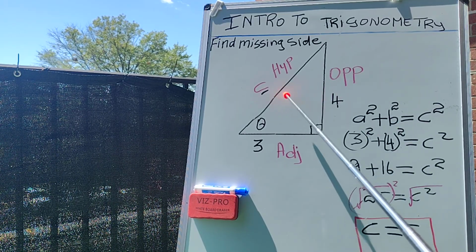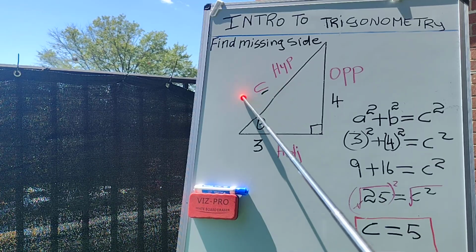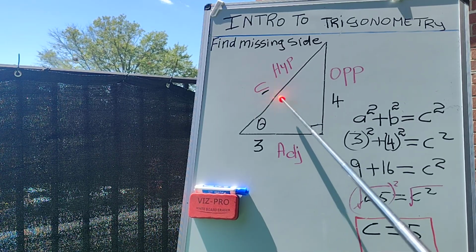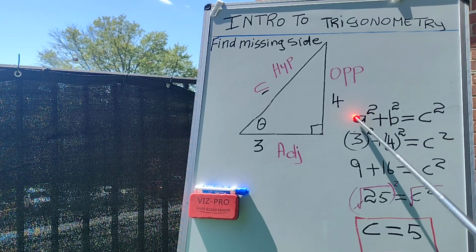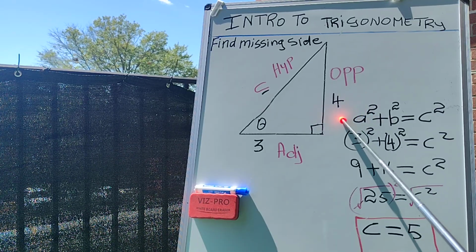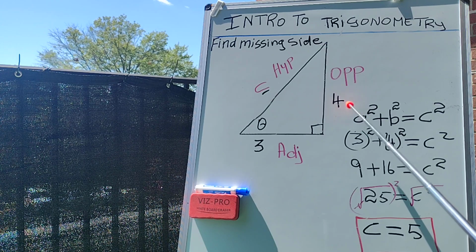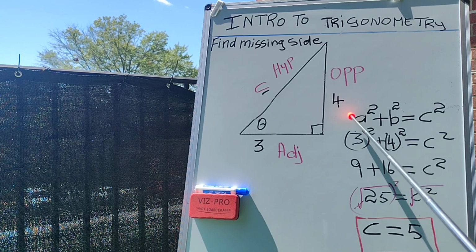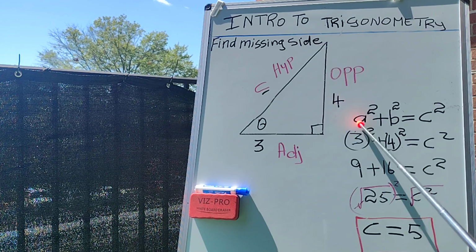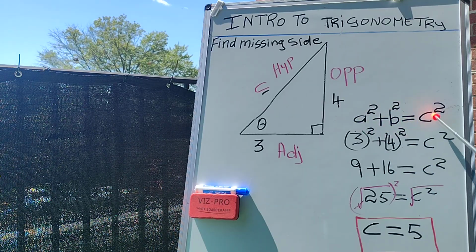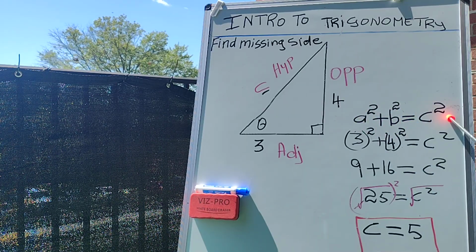Now, for us to find the C, which is the missing side, we have to use the Pythagorean theorem. The Pythagorean theorem states that A square plus B square equals C square. Okay.